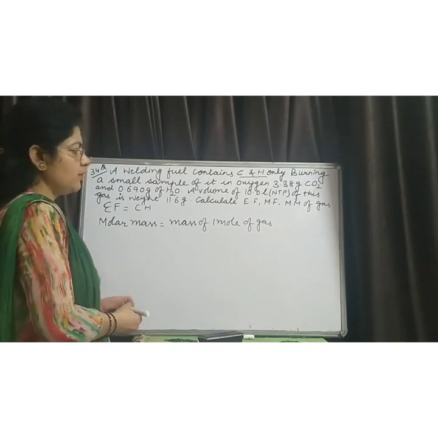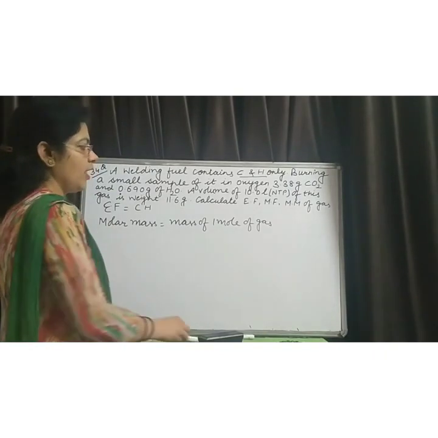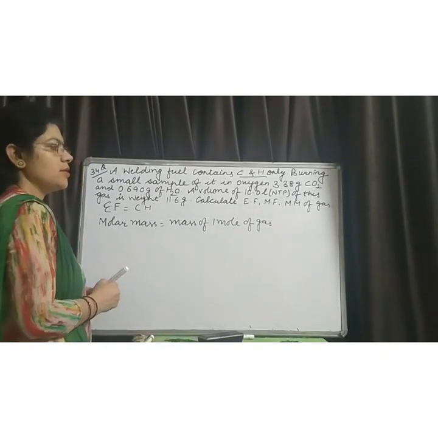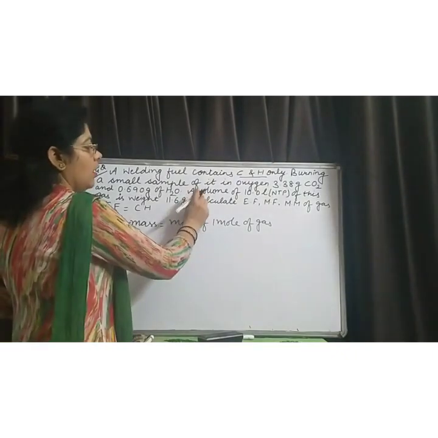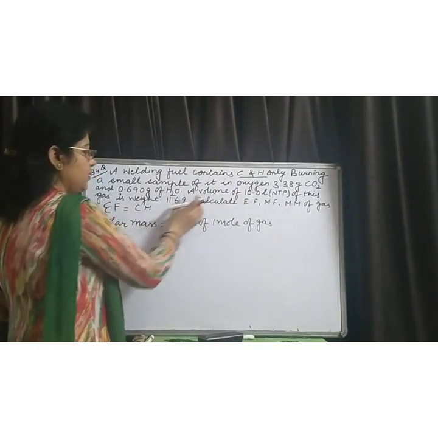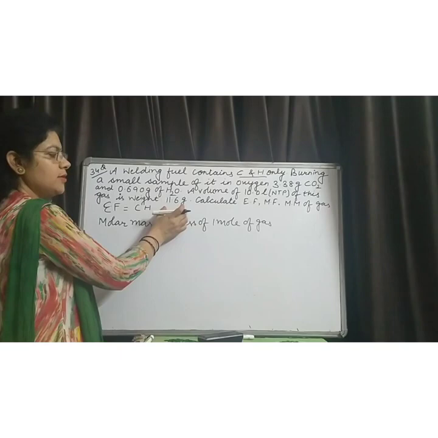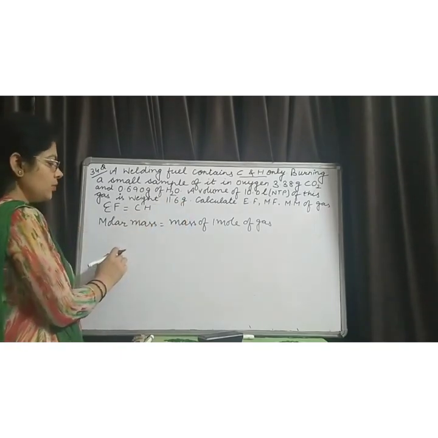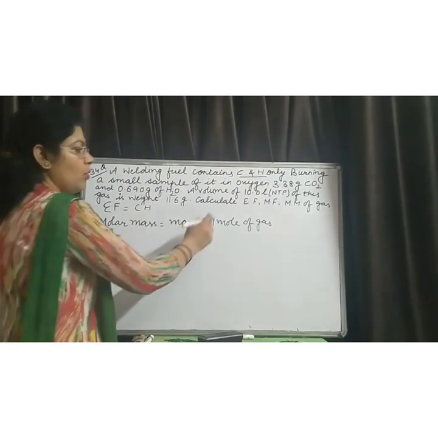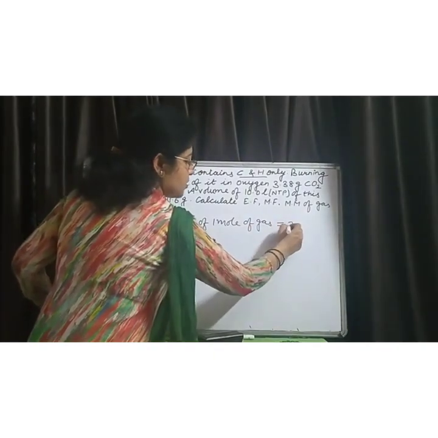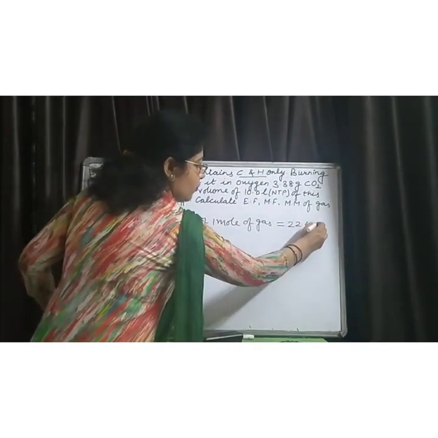How do we find the mass of 1 mole of gas? For this, it is given to you that a volume of 10 liter has mass 11.6 gram, and you know that the volume of 1 mole of gas is equal to 22.4 liter.